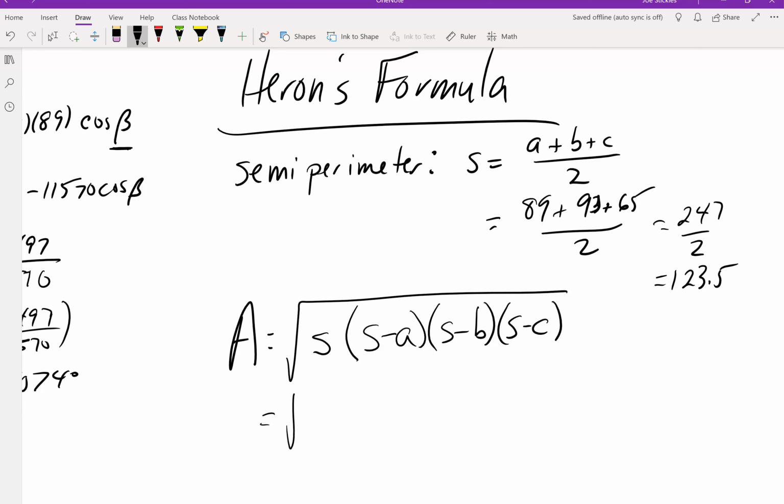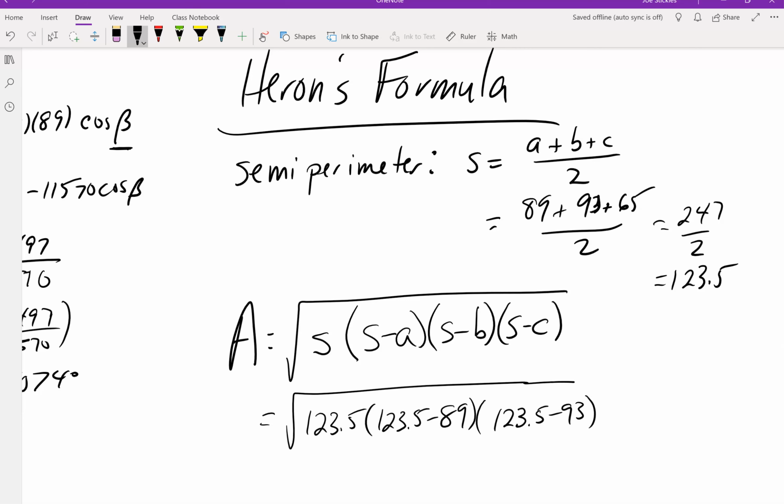But I know that the semi-perimeter is 123.5, A is 89, B is 93, and C was 65.